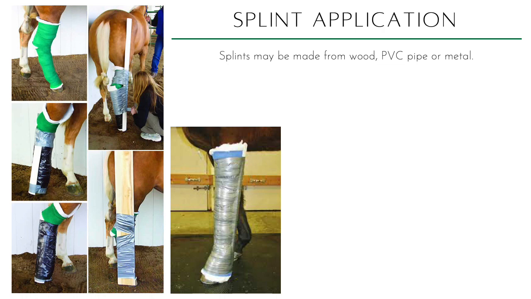Okay? If you believe that those bones have a displacement which is pointed laterally, yung naka-point sila laterally, okay? Then you put a splint on the lateral side. If you think that that bone, when this horse tries to move, will go caudally, then you put a caudal splint. Okay?